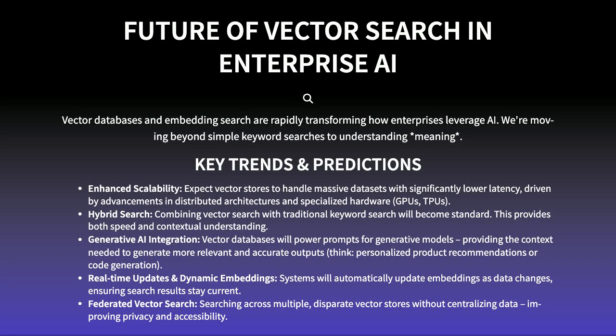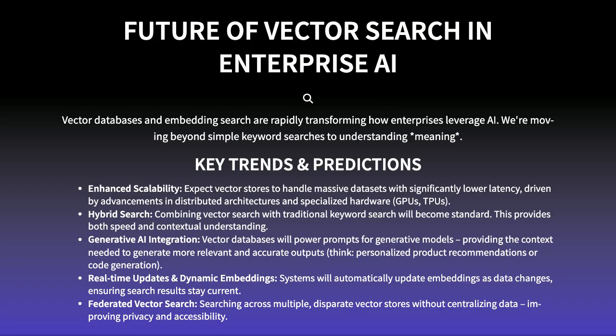Okay, let's talk about where vector search is headed in the business world. It's really exciting stuff. We're seeing vector databases get much better at handling huge amounts of data. Basically, they can find things based on meaning rather than just matching words. The trend is definitely towards combining traditional keyword searches with this new meaning-based approach.